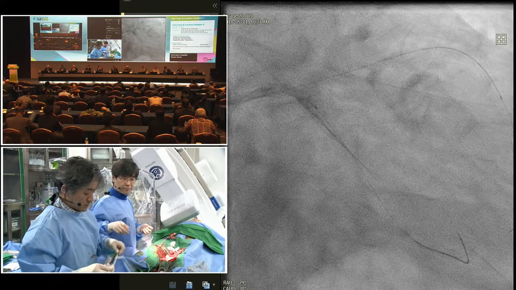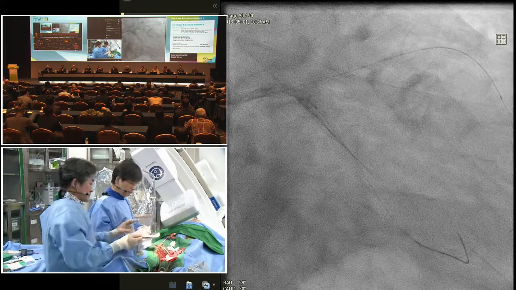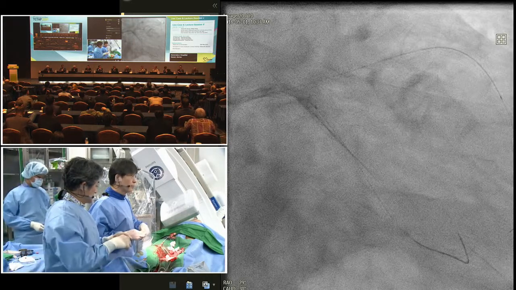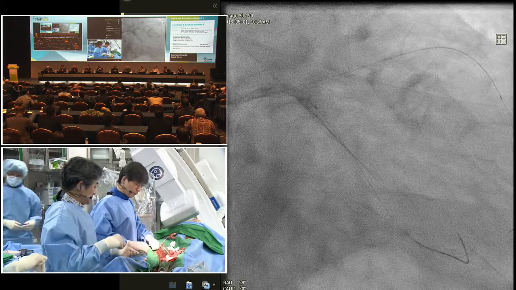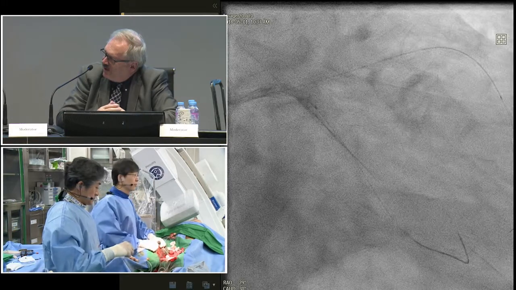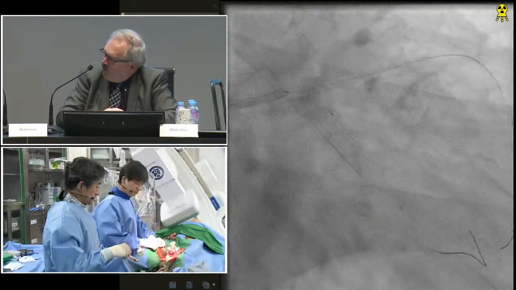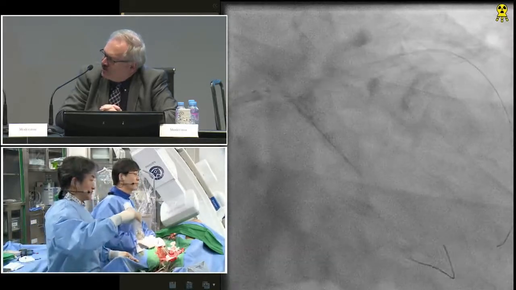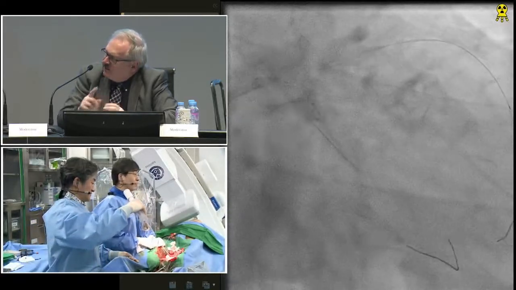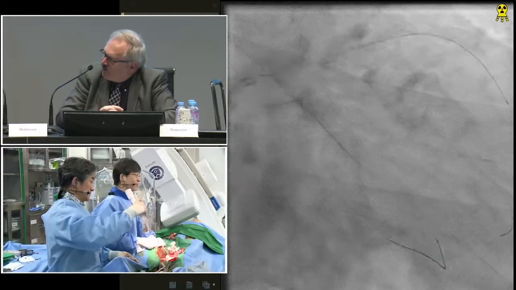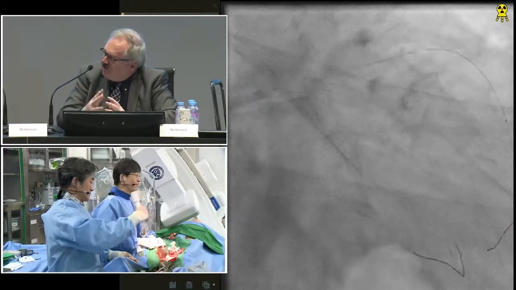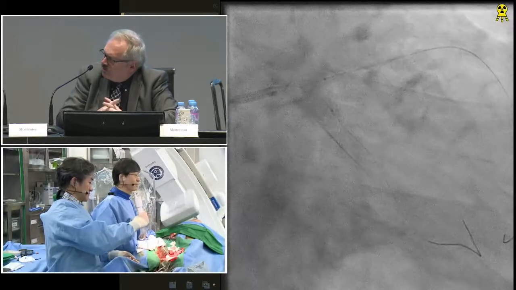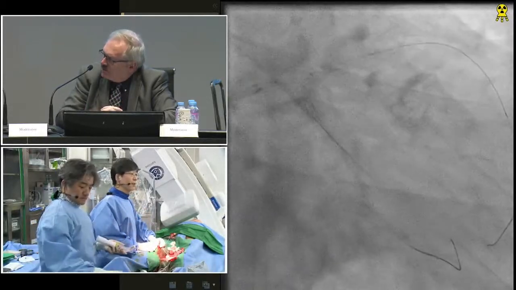At the last ABC course, we had this wonderful presentation about how even a non-compliant balloon has to be inflated quite slowly for a long time to achieve all the radial force that you need. And even the second inflation is different from the first one, so it's not really non-compliant. I was impressed by the difference in diameter between the quick and the long inflation. It was really incredible.